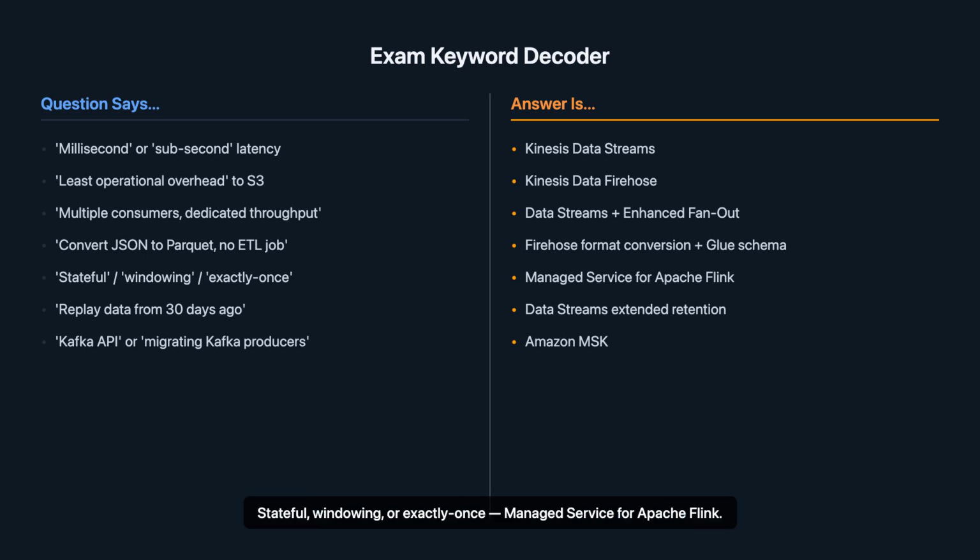Stateful, windowing, or exactly once: Managed Service for Apache Flink. Replay data from 30 days ago: Data Streams with extended retention. Kafka API compatibility or migrating Kafka producers: Amazon MSK. Memorize this table. It's the decoder ring for every streaming question on the exam.